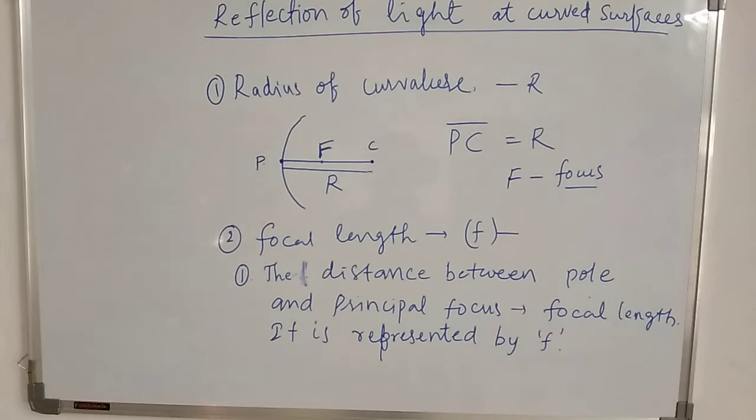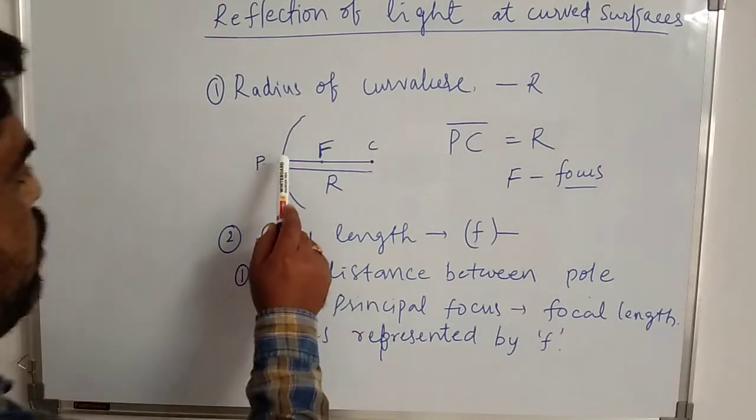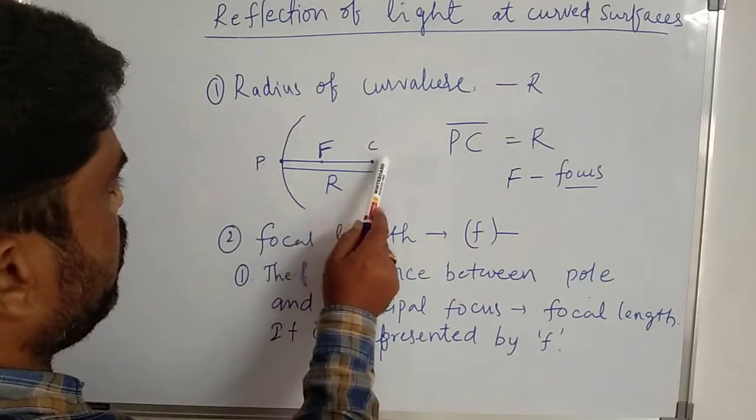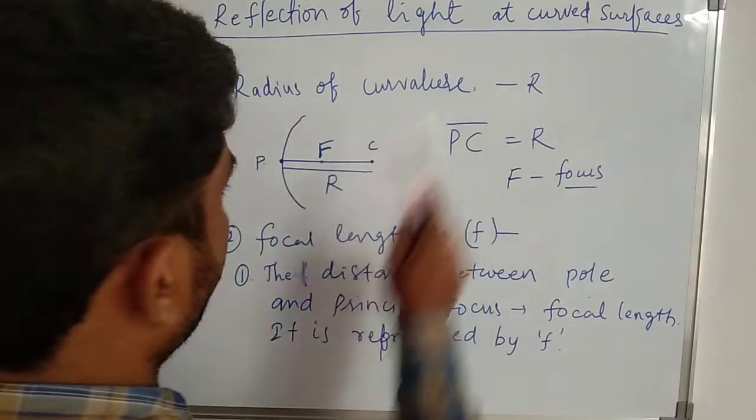Whereas radius of curvature is represented by capital R, that is the distance between the pole and the center of curvature.